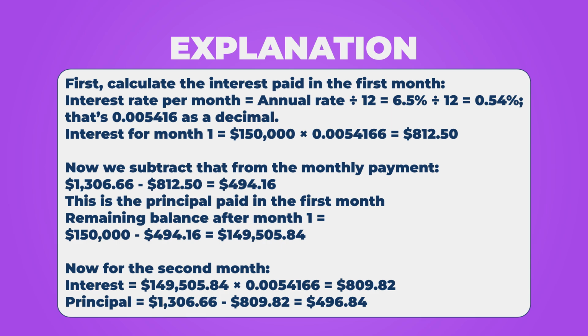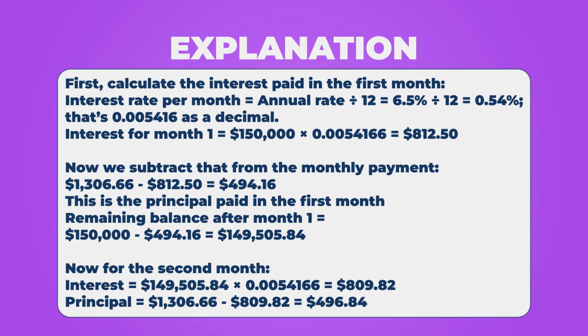Remaining balance after month 1 equals $150,000 minus $494.16 equals $149,505.84. Now for the second month, interest equals $149,505.84 times 0.005416 equals $809.82.